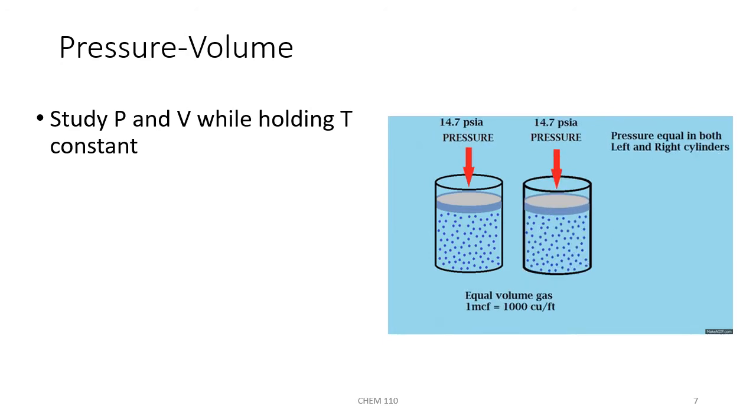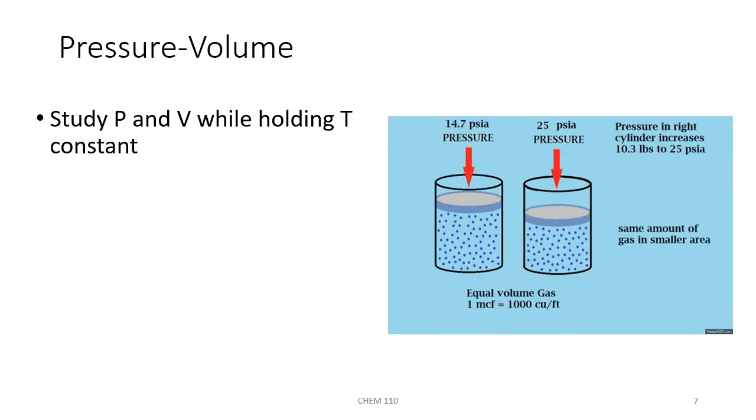It goes from 25 to 35 to 50 psi as the volume gets smaller and smaller and smaller. So we can see that compression of a gas increases the pressure inside of the container which it is confined to. Therefore, we would say that pressure is inversely proportional to volume. If you're in a large volume, you're going to have a smaller pressure. If your gas is in a smaller volume, the pressure is going to be greater. Hence, the two are inversely proportional to one another.